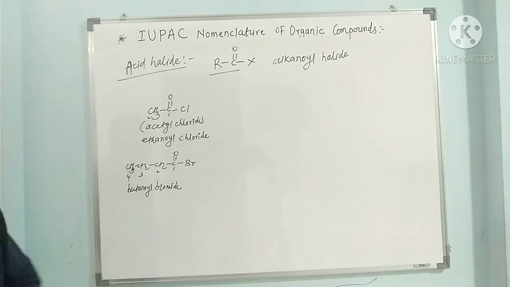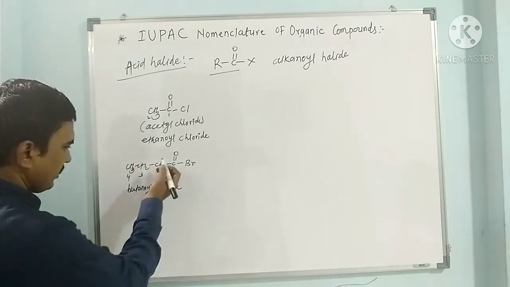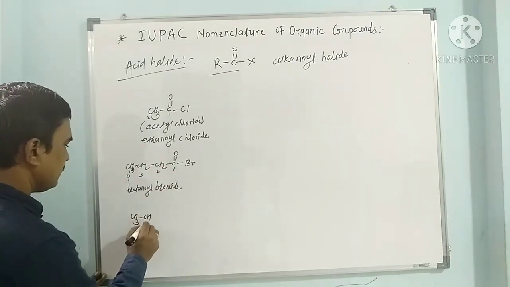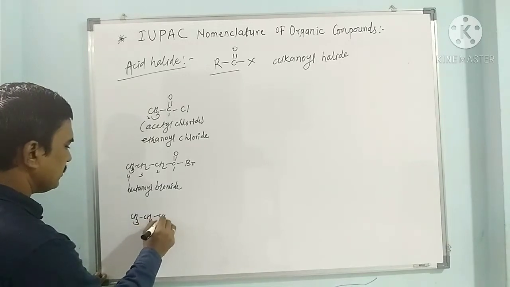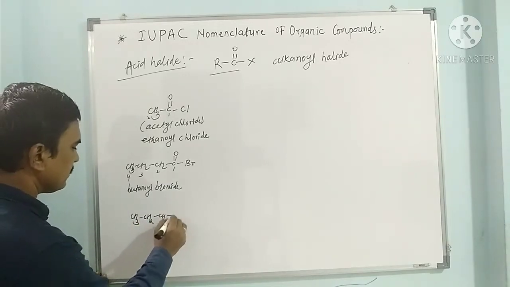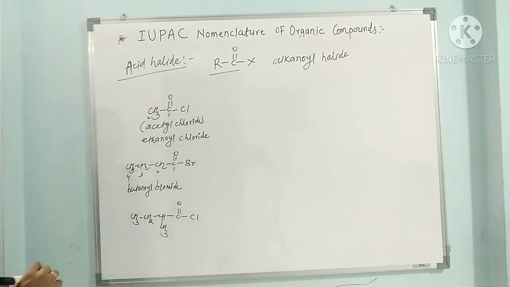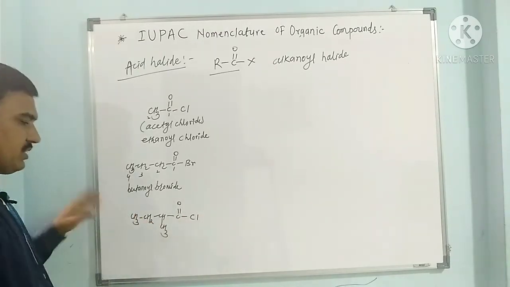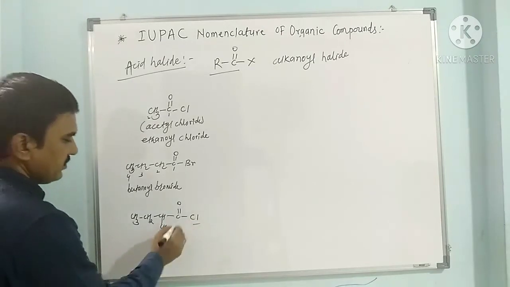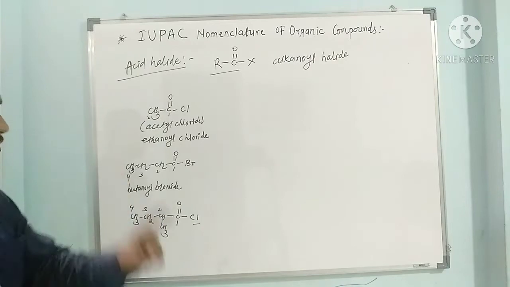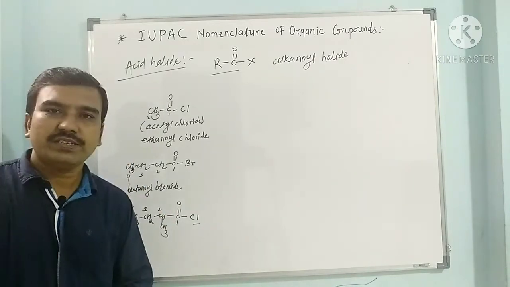If I have different groups, such as substituents, CH3 CH2 CH CH3 COCl, it is a substituted compound. This is chloride. This is carbon 1, 2, 3 and 4. Always give the first number to the carbonyl carbon of the acid halide.